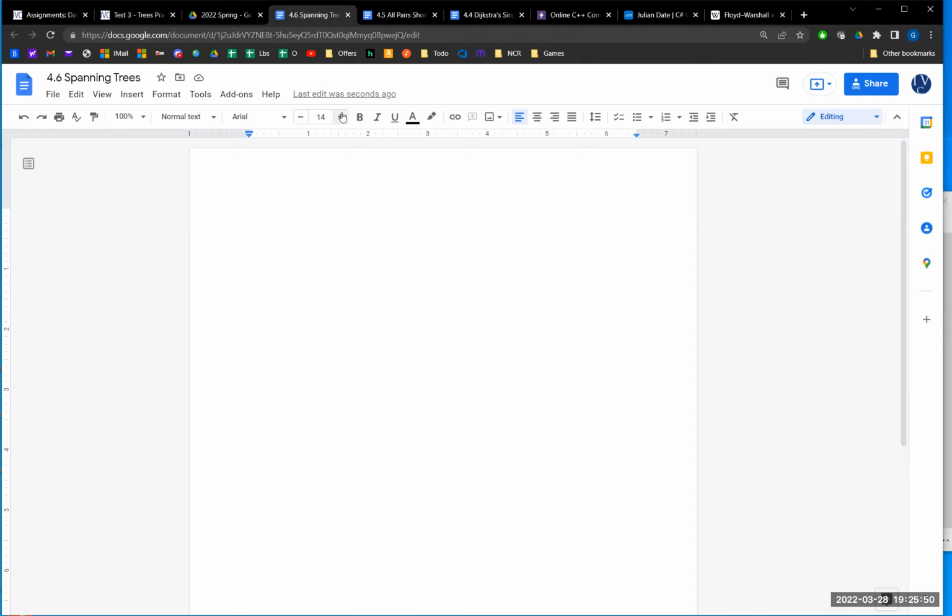All right. Next up is a spanning tree. A spanning tree is a subgraph on a connected graph where that tree includes all the vertices in that graph.